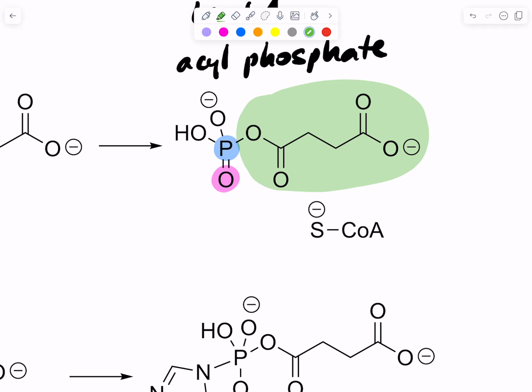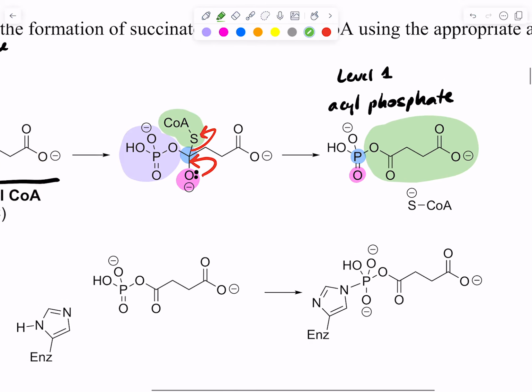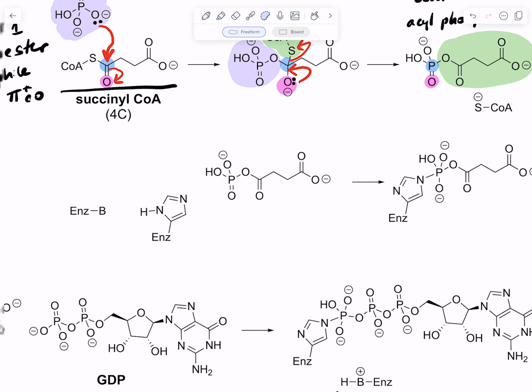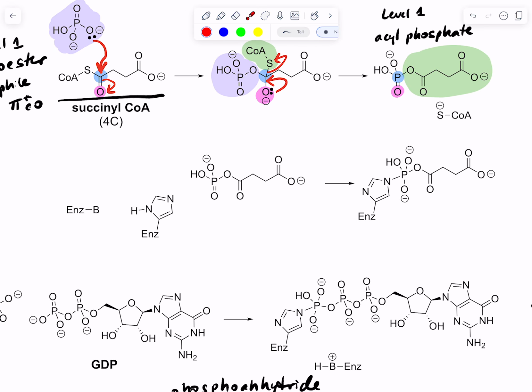So acyl phosphates are tricky because they have dual character. And you don't really know, depending on the reaction, whether your nucleophile should attack the carbonyl carbon or the phosphoryl oxygen. That's why you have to pay attention to what's going on in the reaction. So if I look at the next reaction, I start with my acyl phosphate and I end up with an intermediate where some enzyme side chain is now bonded to the phosphorus.